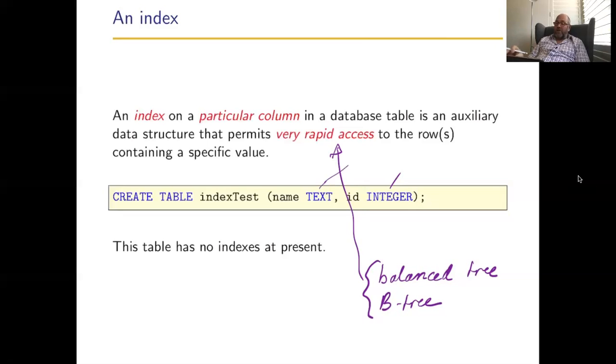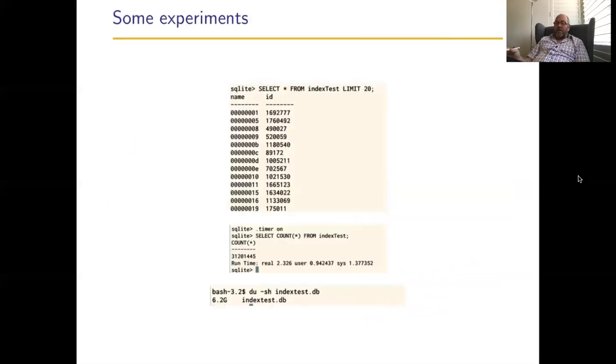Okay, so I created on my computer some random data for this particular task. The name is actually sorted, and we're not going to use the fact that it's sorted, but it's just for convenience. And then there's a random number as the ID.